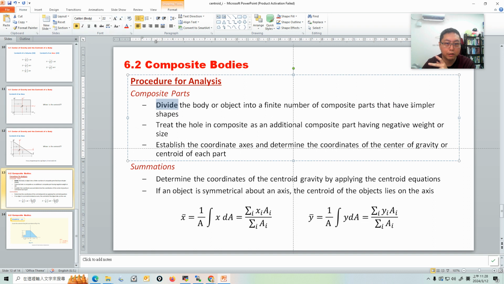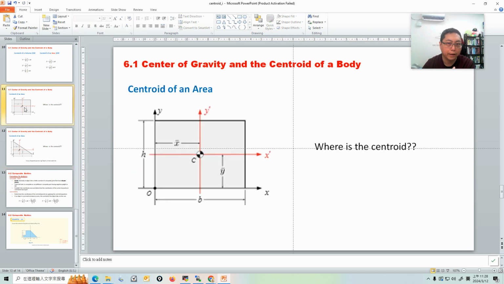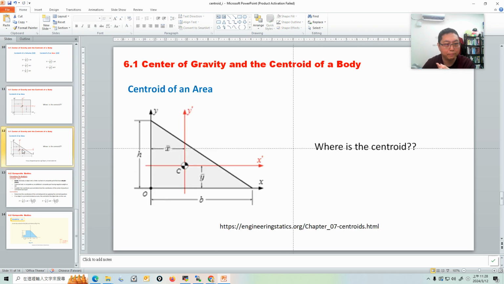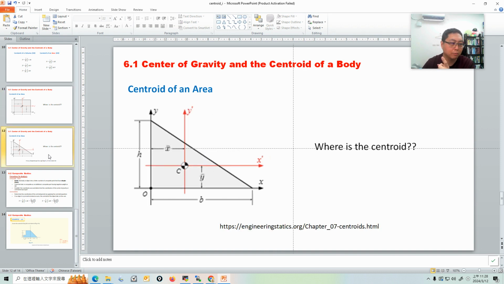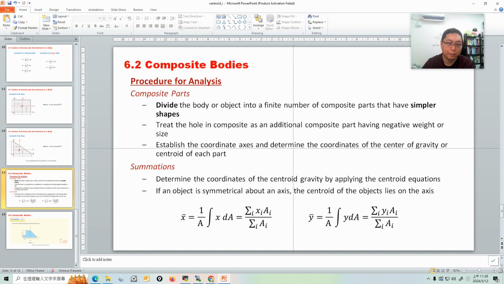What is a simpler shape? A rectangle is a simpler shape, and a right triangle is a simpler shape. We use those very often in this course. So the first step is just to divide your composite area or composite body into simpler shapes.